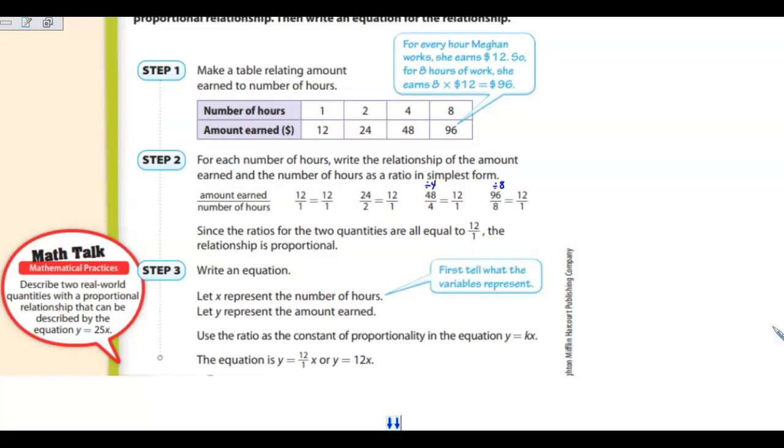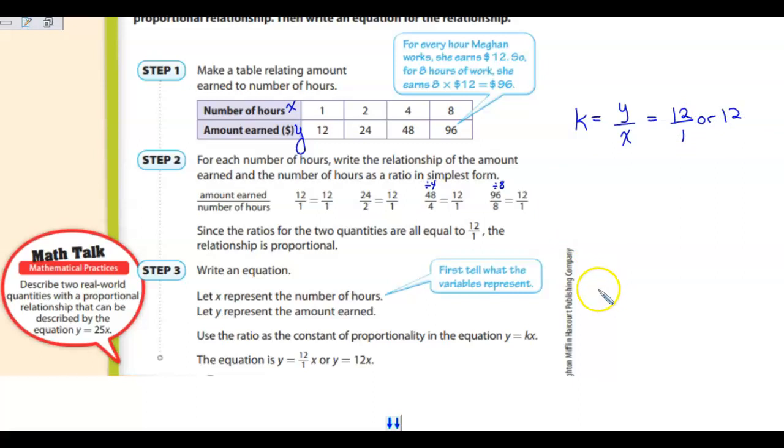Another one is to write an equation. So what we did when we were doing these is we found the constant because the number of hours could be my x and the amount earned could be my y. And remember, we know that k is y divided by x. Okay? So our k is going to be 12 over 1 or 12.